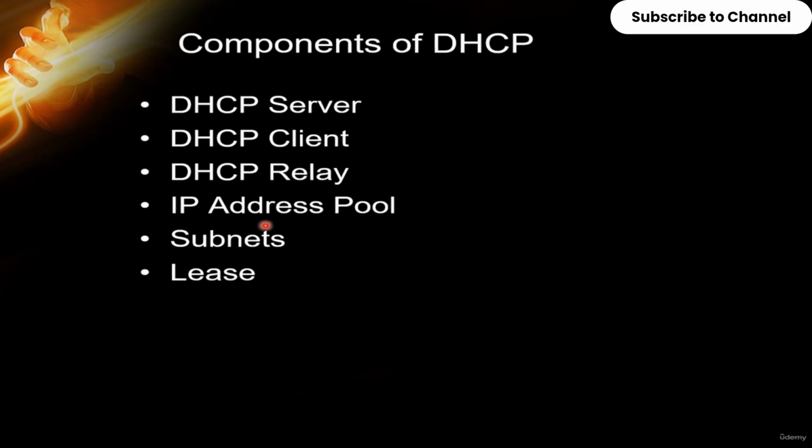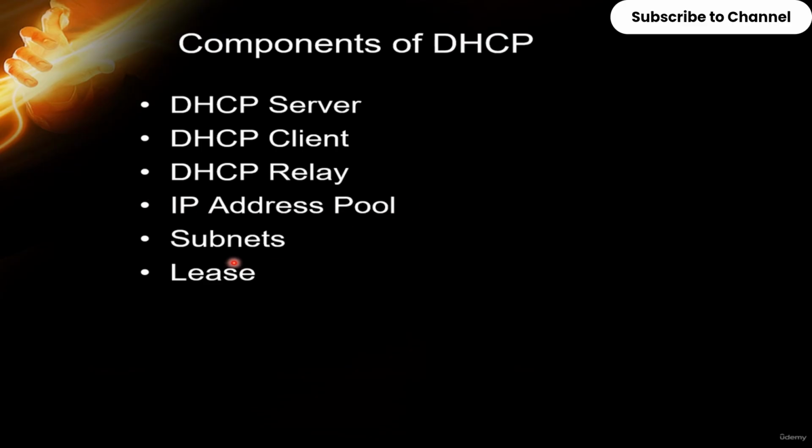Then the IP address pool is a collection of IP addresses that the DHCP server has in hand. Whenever a client requests an IP address, the server assigns a unique IP address to the client. These things are maintained by the IP address pool.